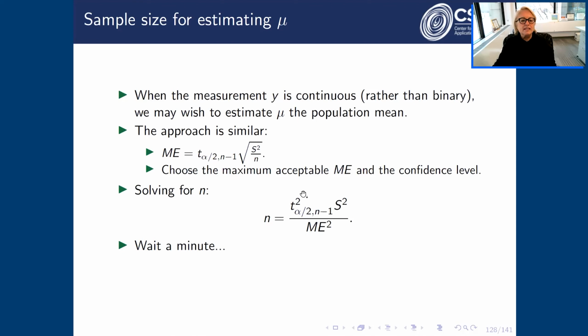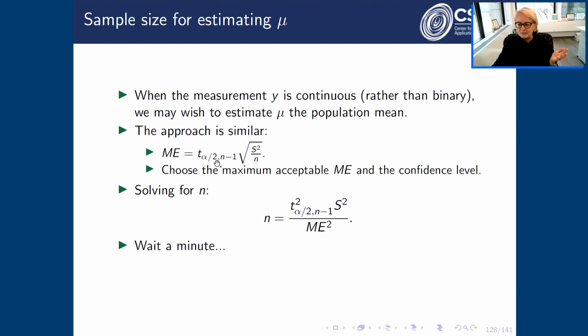Well, something very similar here, right? So now our measurement y is continuous, and the approach is going to be similar. So the margin of error here, when I'm thinking about y bar instead of p, I don't know how many of you remember that instead of using the z-score, we use this t-score.